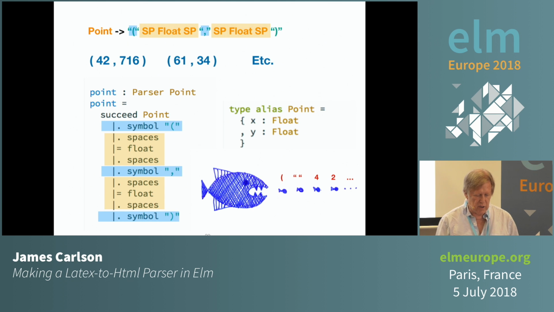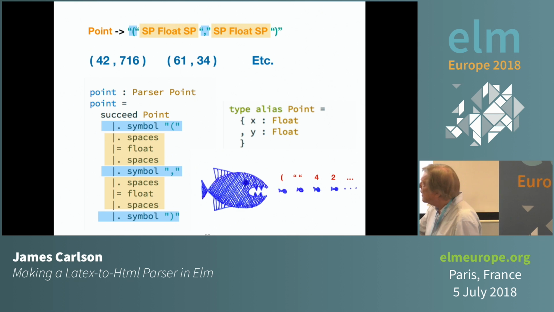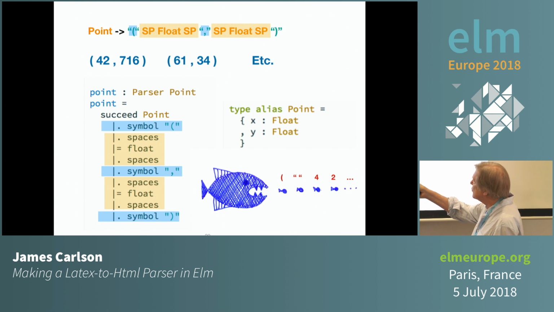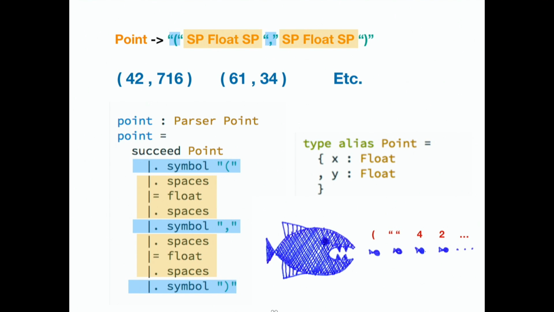And the parser is like a little machine that gobbles things from the input stream and processes them using elementary parsers and whatnot. So the idea is that you first of all try to gobble a left paren. If you succeed, you then try to gobble spaces. Then you try to gobble a float, and so forth. Pipe dot means parse it, gobble it up if you can, but ignore what the value is. You don't care.